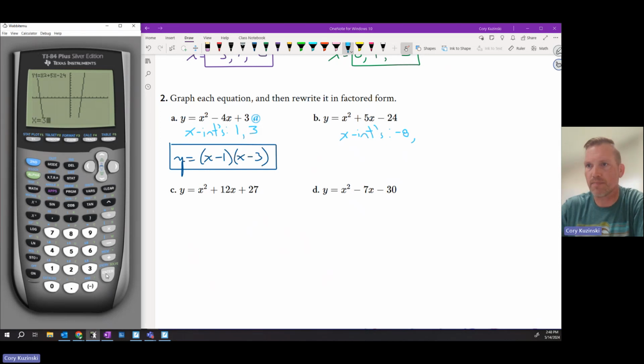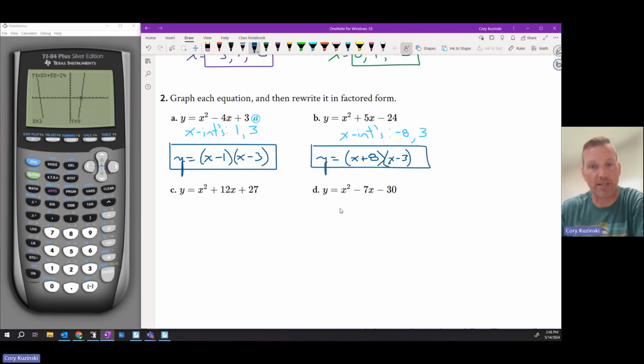Looks like 3 again. So now I can write the factored form of my equation. y equals x plus 8 times x minus 3. For sake of time, I'm not going to graph it, but you definitely should.